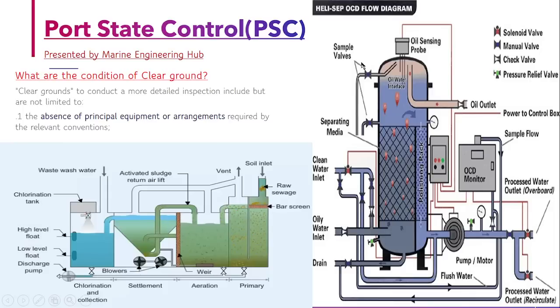In that case you may be detained because it's a clear ground. Or suppose you don't have a sewage treatment plant and you are just removing your sewage from the ship without proper treatment, without following the rules and regulations of MARPOL. In that case you will be subjected to more detailed inspection. So, absence of a principal equipment.